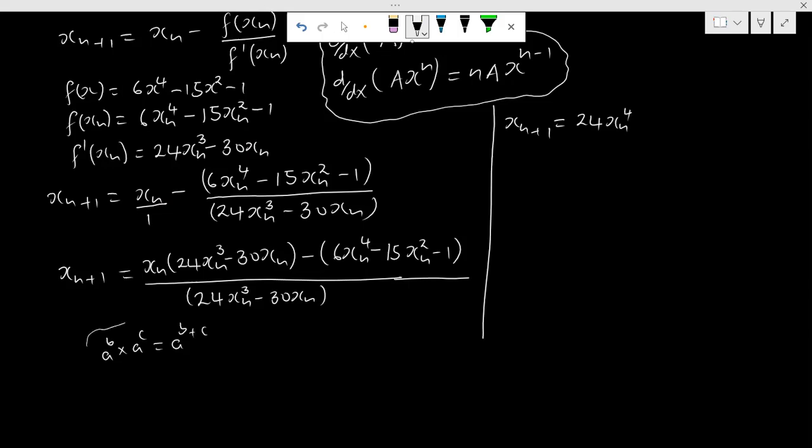This is the concept we are using when you multiply numbers or variables that have the same base. In this case, we have x_n multiplying by x_n^3, so we shall have x_n^4. And the next one is minus 30x_n^2.